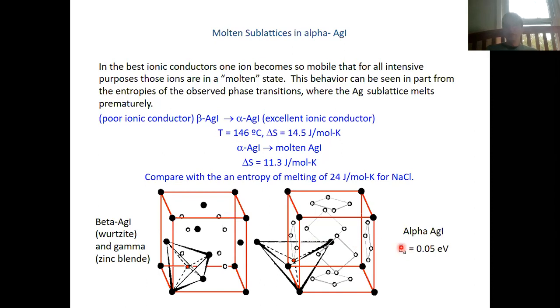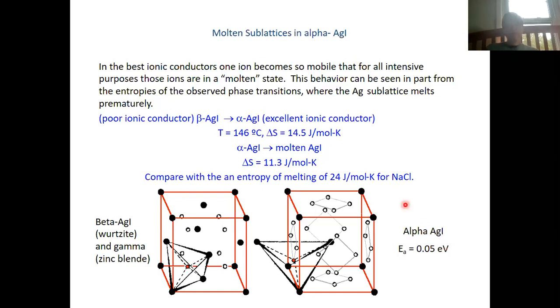So the activation barrier in alpha silver iodide is actually only 0.05 electron volts, which is extremely low. In fact, in alpha silver iodide, the silver ions are so mobile that we can consider our silver ions to be a molten sublattice within a non-molten iodide lattice.